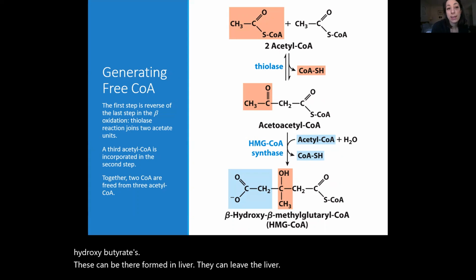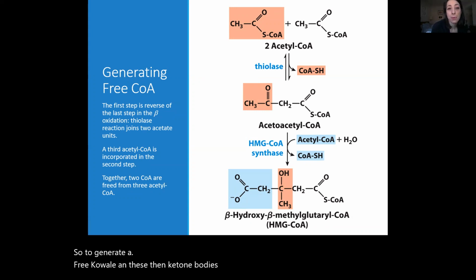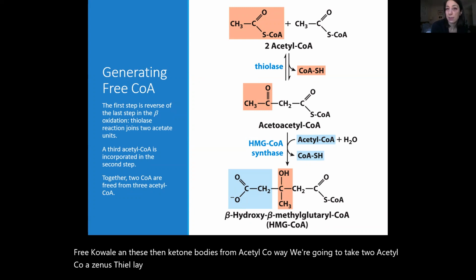So to generate free CoA and these ketone bodies from acetyl-CoA, we're going to take two acetyl-CoAs and use thiolase. Thiolase is the same enzyme that is used in beta oxidation.